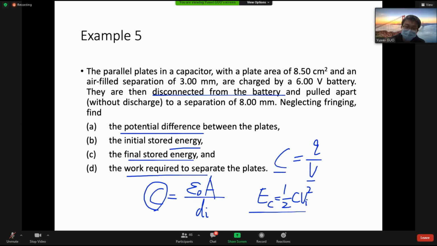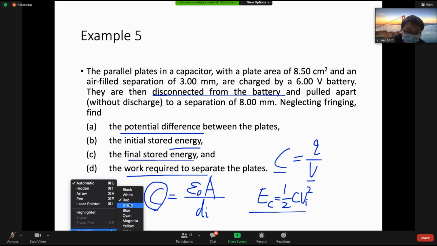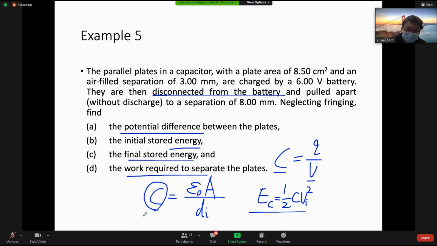But this expression is the definition of the capacitor, and this other one is only a reflection. When the distance changed, the capacitor has changed.